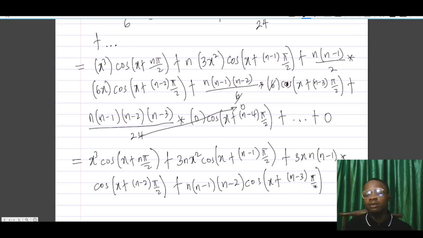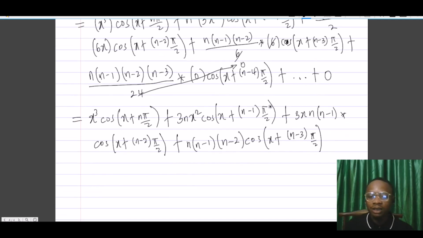And then we close the bracket. And that is all. Every other thing will vanish to 0. So is there anything common that we can extract? There is no need. So we already have our formula. This is the expression that we need for the nth derivative of x cubed cos x.